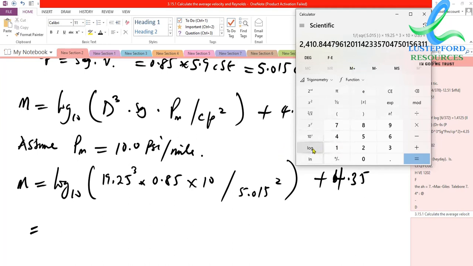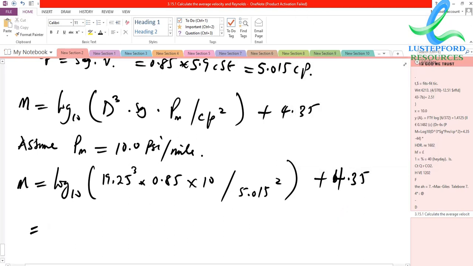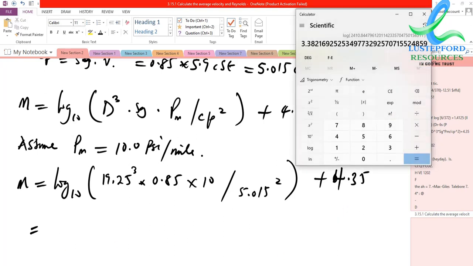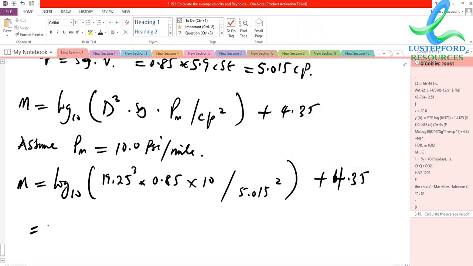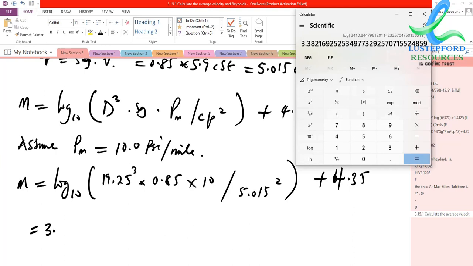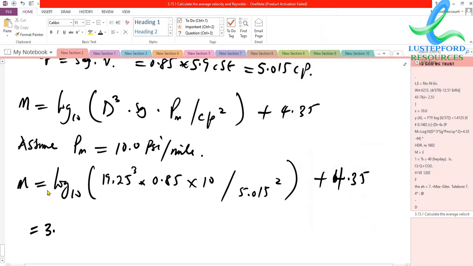now we'll look for the log of this. So the log of it is 3.3822. 3.3822 plus 4.35.